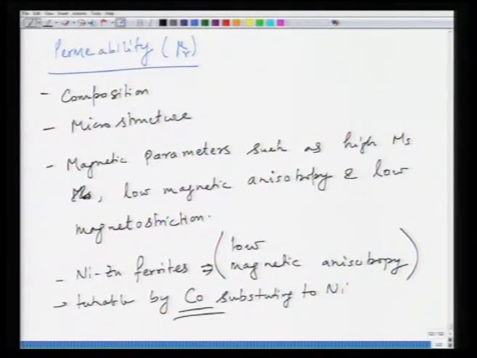So this cobalt is a very important element in tuning the composition of magnetic ferrites, and here it can change the anisotropy behavior of these nickel ferrites by cobalt addition.